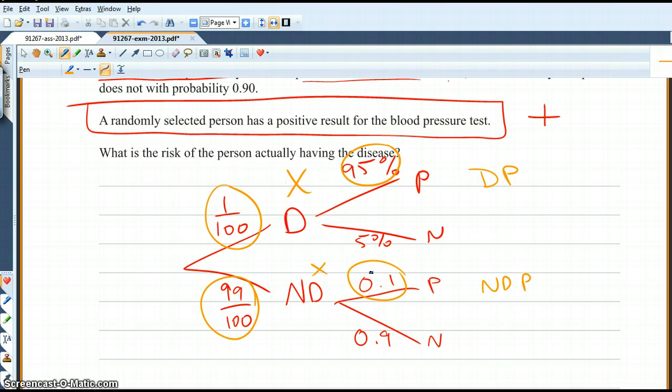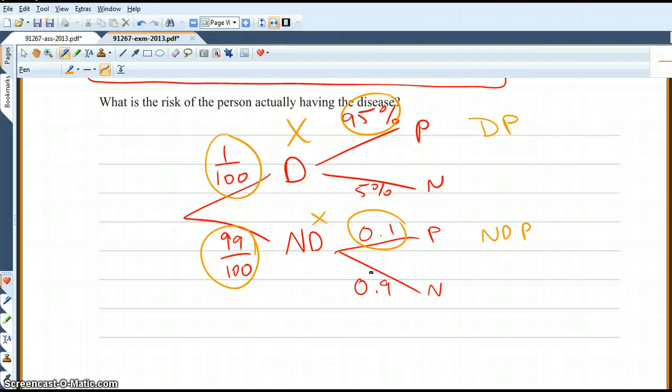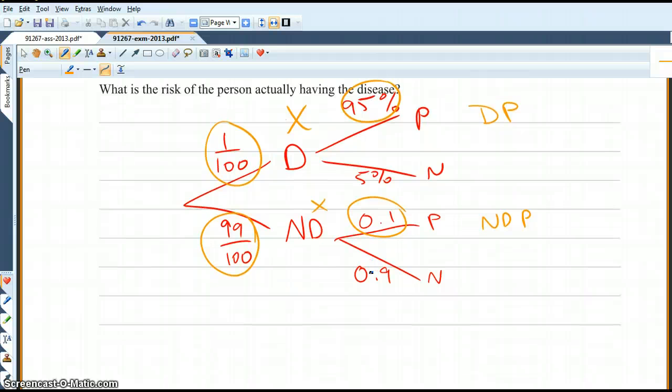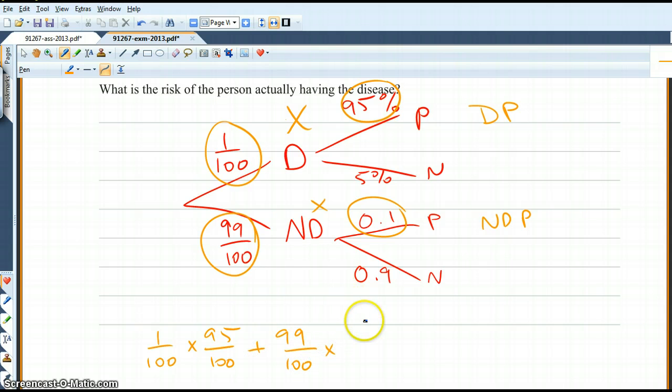And so the probability of them actually testing positive is going to be 1 over 100 times 95 over 100 plus 99 out of 100 times 10 out of 100.